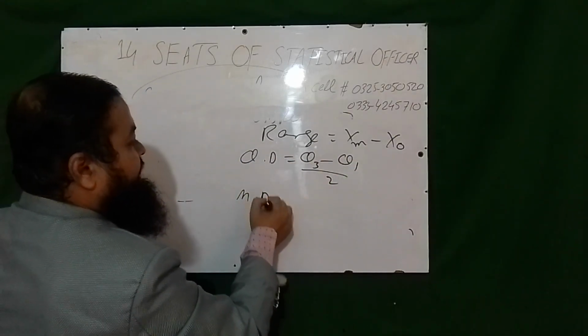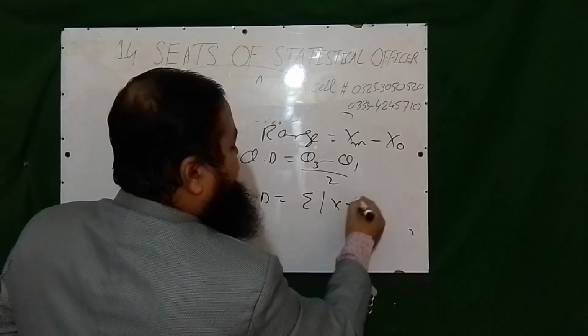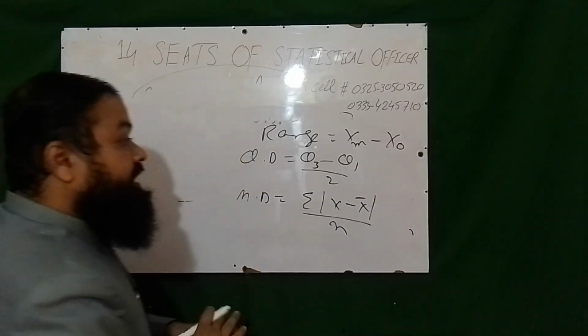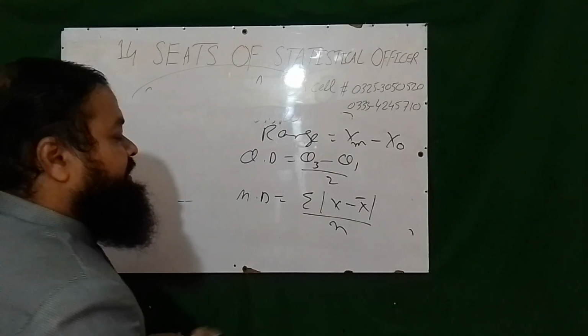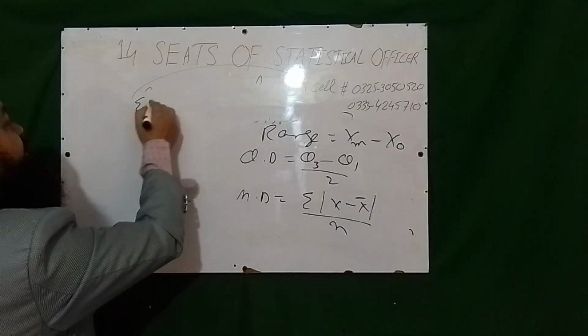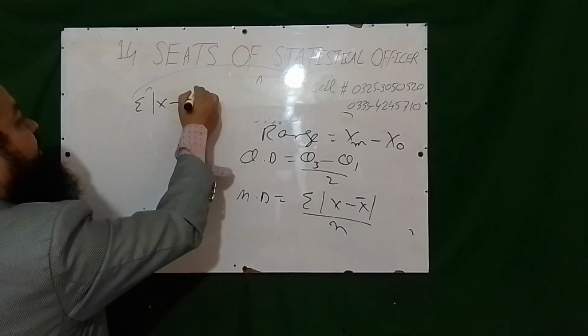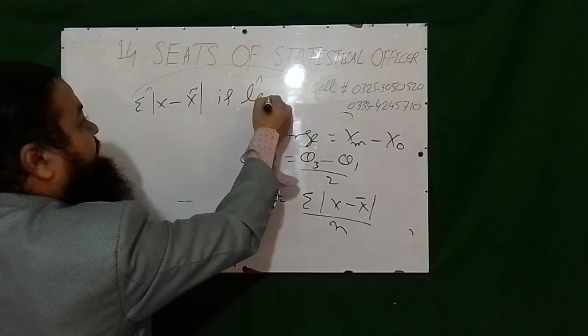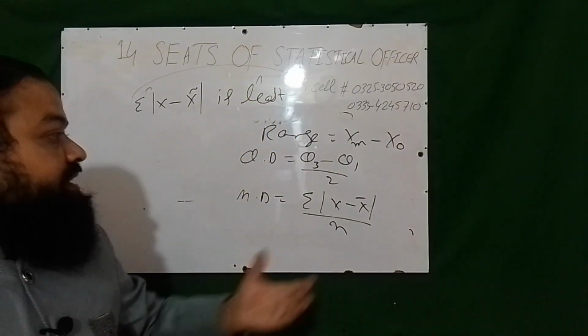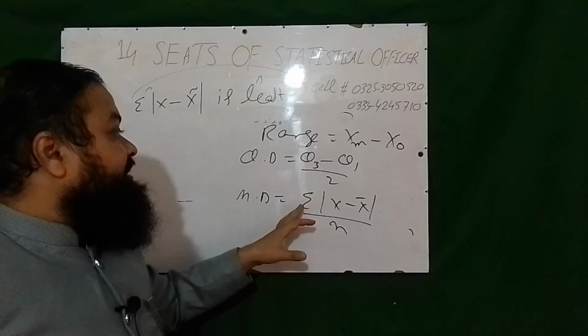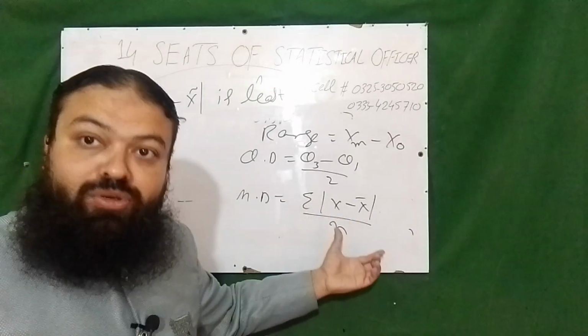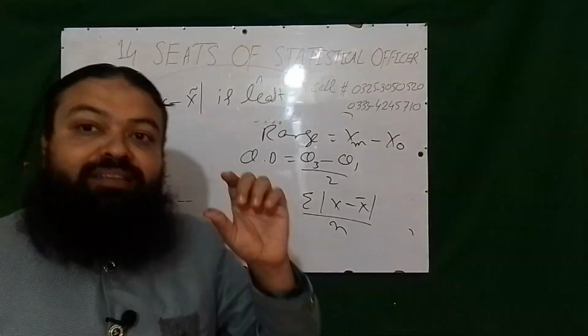And what is mean deviation? That will be summation modulus of x minus x bar over n. Now a very very important question: summation of modulus of x minus median will be least. If the question is asked, if you take the sum of the deviations of the values in modulus for mean deviation, it is least for what?